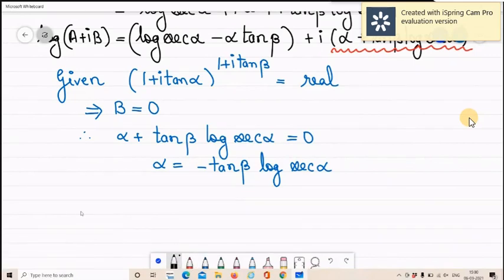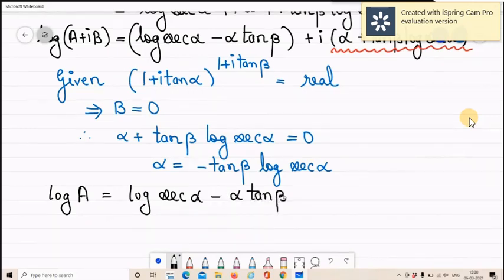Now I will write log a equal to, b being 0, log of sec alpha minus alpha into tan beta. i into 0 is 0, so I am not going to write that.